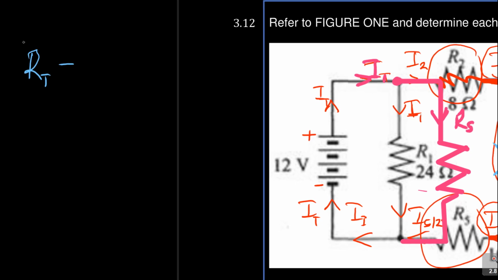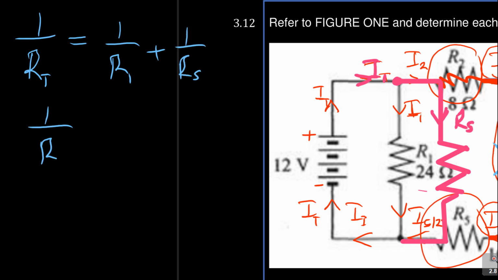So I must do the right formula, which is 1 over RT is equal to 1 over R1 plus 1 over RS that we got. So 1 over RT is equal to 1 over 24 plus 1 over that one.